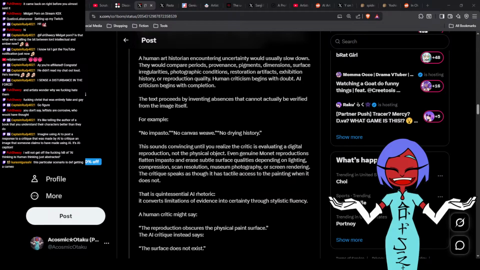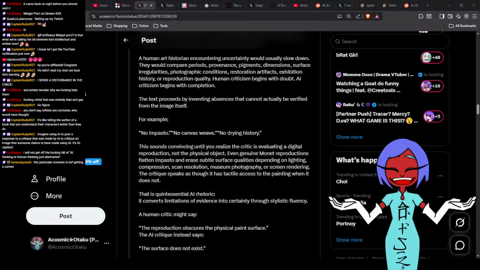Captain Rudy says, imagine using AI to post a response to a critique that was made by AI to critique an image that someone claims to have made using AI. It's AIception, right? Fushizi, I will not get off the hill of AI thinking being human thinking just abstracted. There are some differences between AI cognition and human cognition, but it's not nearly as different as people think.